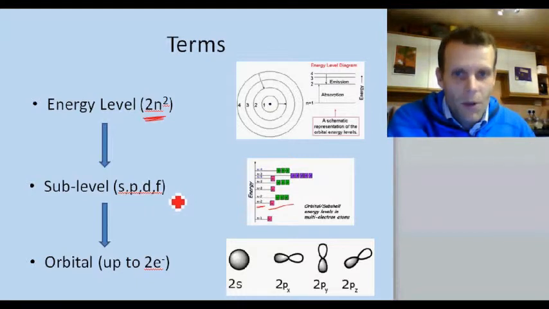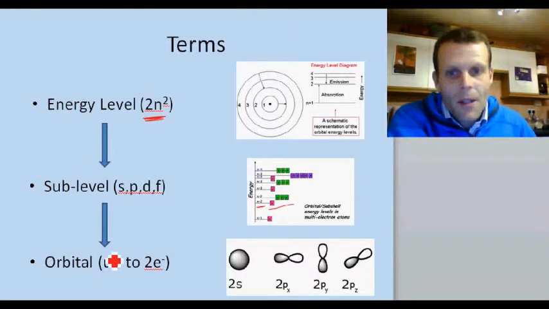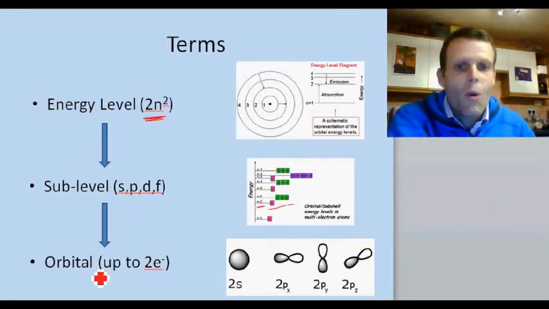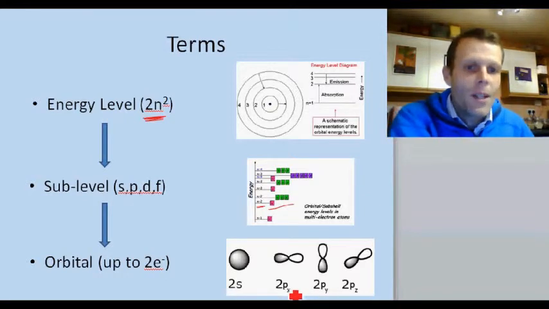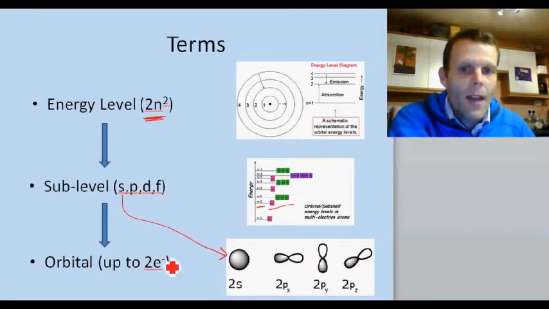Now those sub-levels are further split up into what they contain, and they contain orbitals. Now, there's two shapes of orbitals that you need to be familiar with, and that's our s and p orbital. So if this is our s sublevel, it just contains one s orbital, and that s orbital can hold 2 electrons. So if you're asked for the shape of an s orbital, it is spherical.